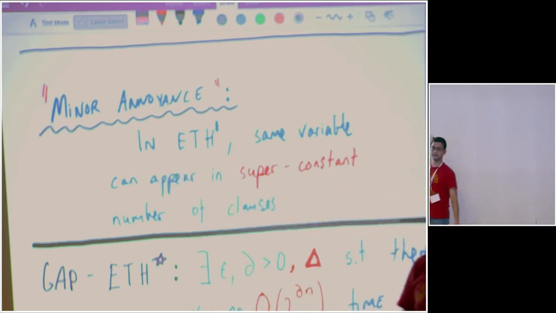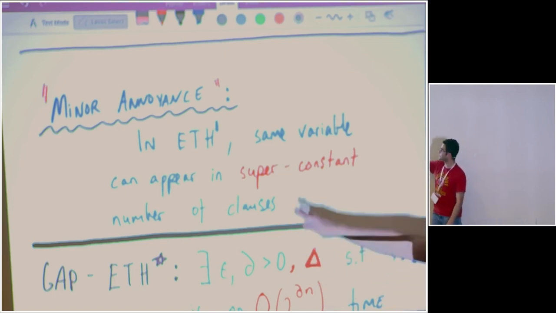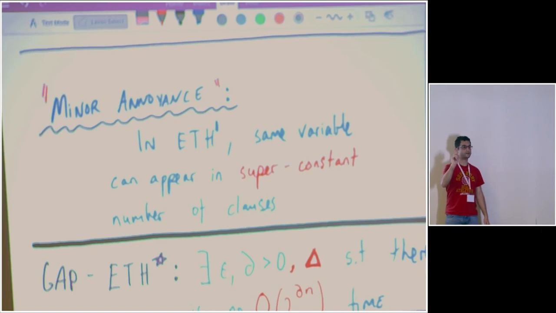So notice that if initially you started out with many clauses, you picked a random subset of them, you're actually expecting some of your variables to appear in, say, log n clauses. Whereas in normal ETH, every variable ended up appearing in a constant number of clauses.